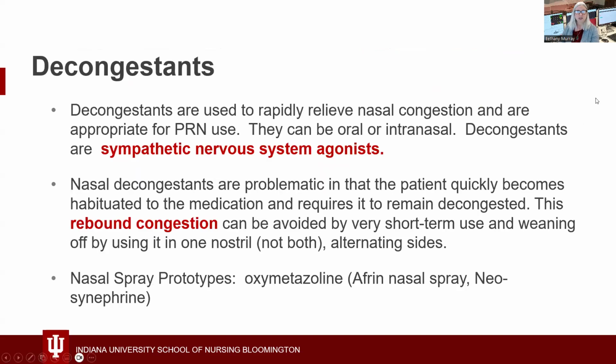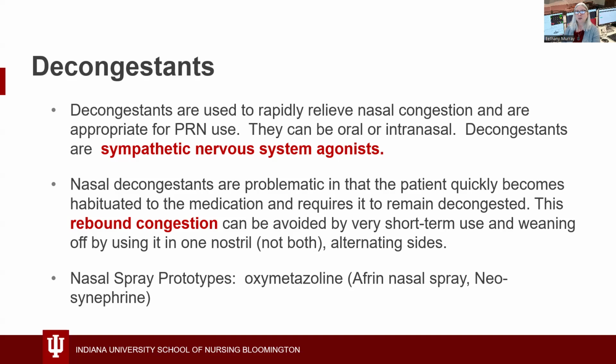So what are decongestants and how are those different? Well, decongestants are used to rapidly relieve nasal congestion. They are appropriate for PRN usage. Most decongestants are either oral or intranasal. The decongestants are sympathetic nervous system agonists. The problem with nasal decongestants is that a person will quickly become habituated to them.